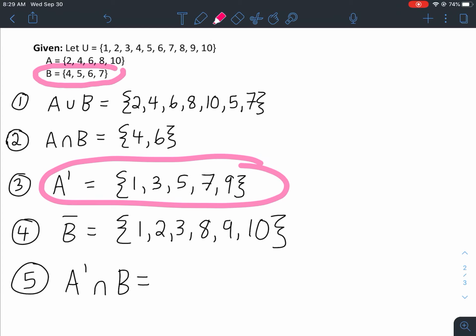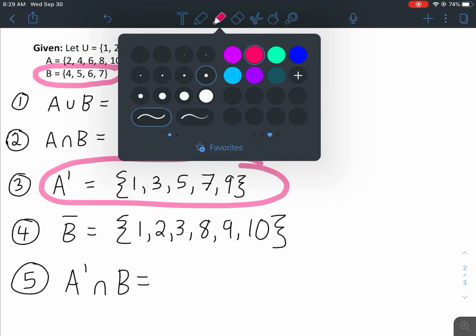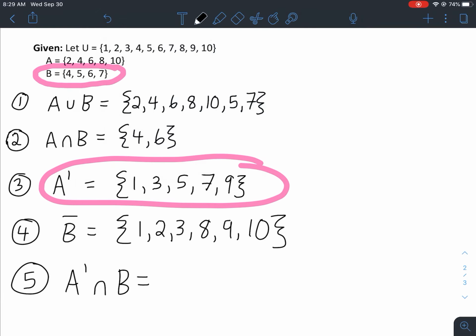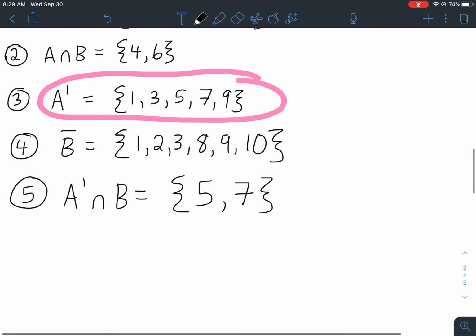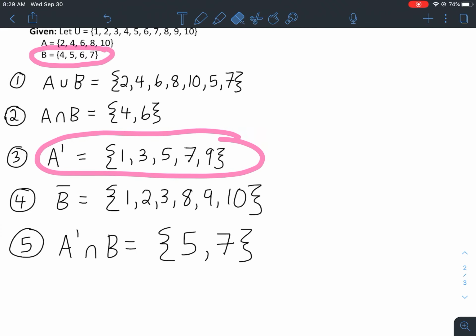Let's look at B. And we're looking for what do those have in common. So looks like they don't have a 1 in common. They don't have a 3 in common. They both have a 5. They also both have a 7. But that's all they have in common. So that is our answer. So remember, intersection means what they have in common.